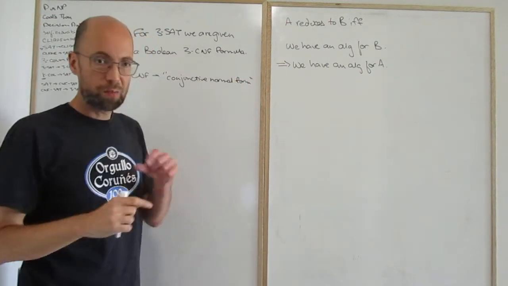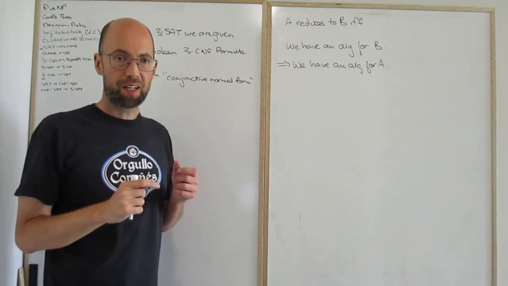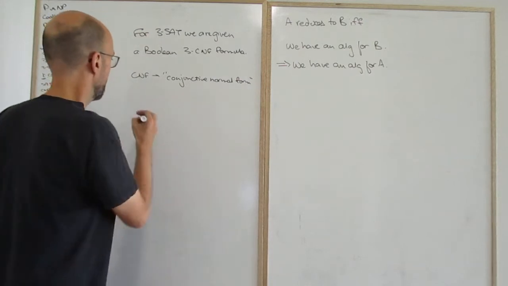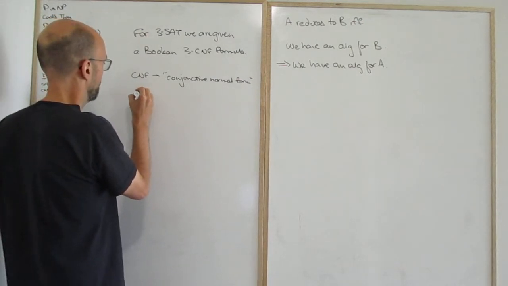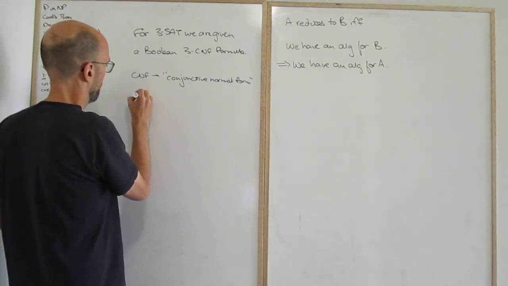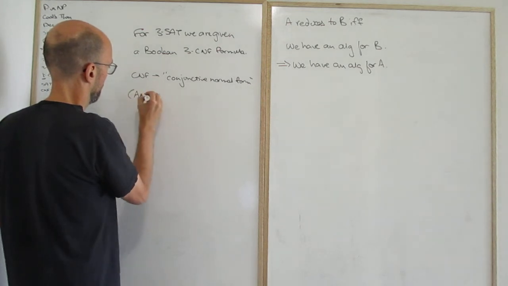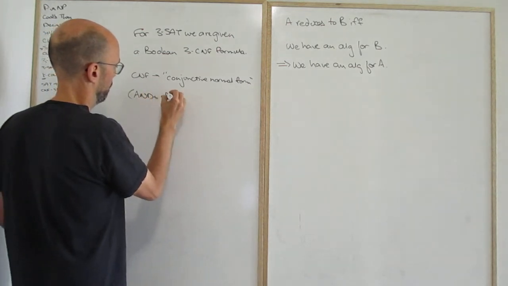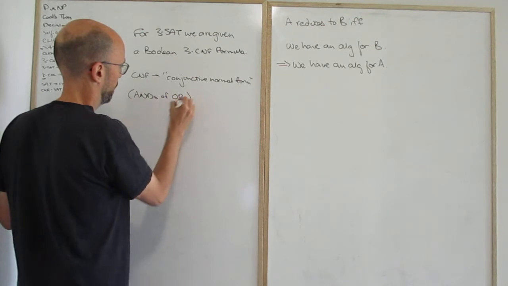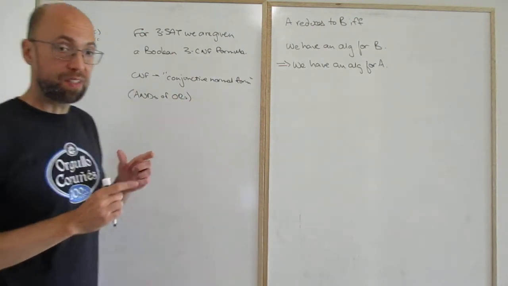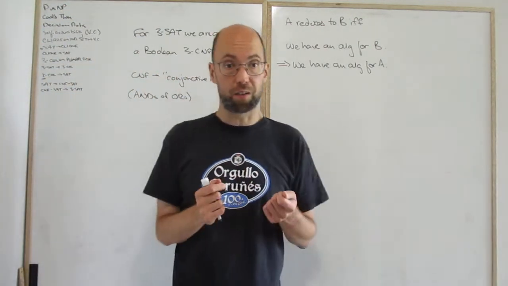A conjunction means an and, okay? So this means ands of ors. 3CNF means each clause has 3 variables.